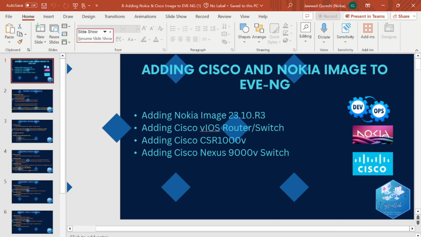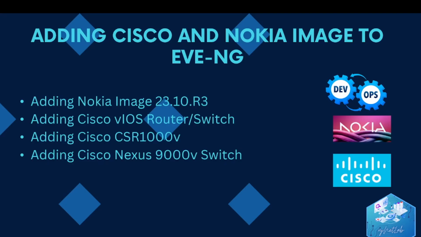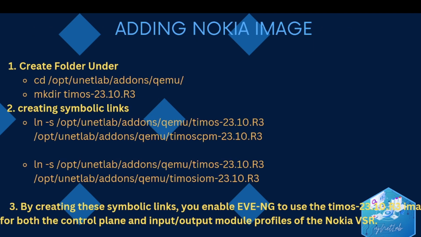with the Nokia image one. First of all, you need to go to this folder and create this folder, whatever your version is. In this case it's 23, but maybe I will be using 22. And then you will be creating symbolic links.